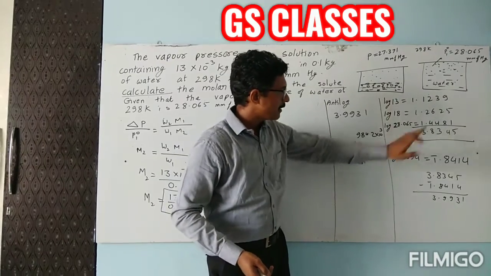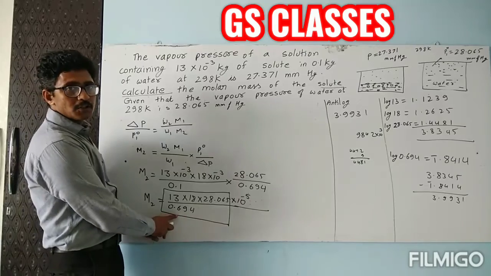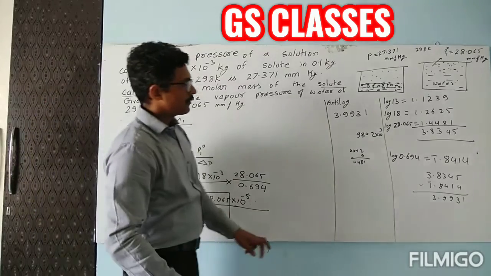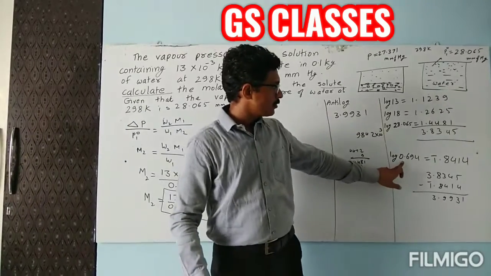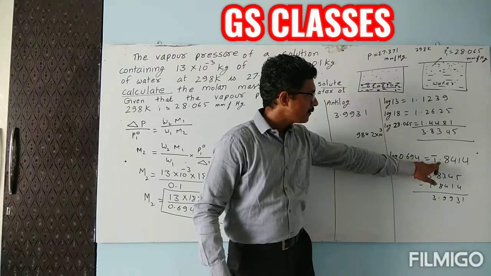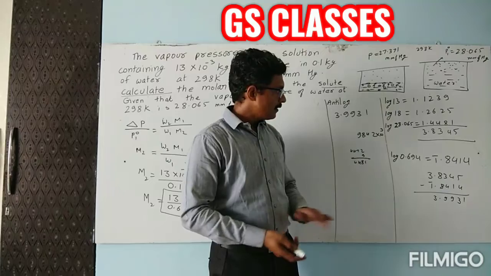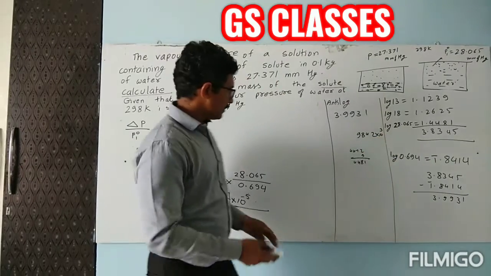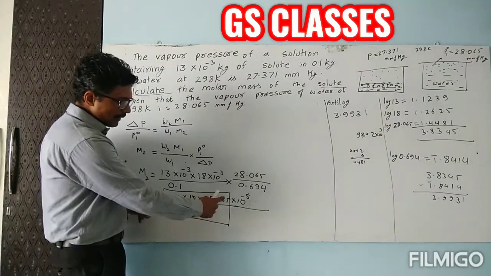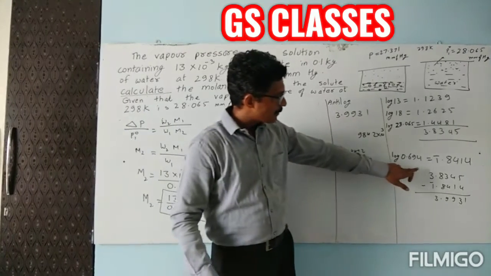I added them together. Thereafter, for the denominator 0.694, I took the log of 0.694. This log value is bar 1.8414. Since this was in the numerator and this is in the denominator, I subtracted it.